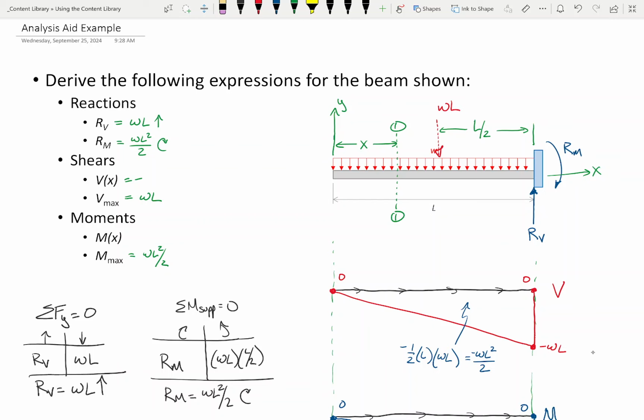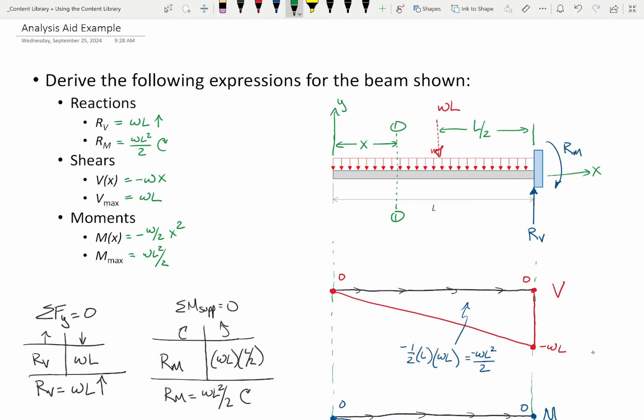So if we go up here, we can say minus wx, minus w over 2 x squared. What do you think? It's not too bad, right? Pretty simple.